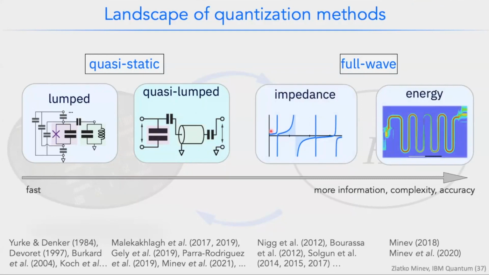And the idea is that in the design process, you can't just pick any one of these techniques. Typically, you usually have to use different techniques at the different stages of your design, or maybe you have reasons to use one or the other. So we have already built in the energy participation ratio quite fully. We have the lumped approach built in, quite automated, and we now have some of the impedance approach built in as well.